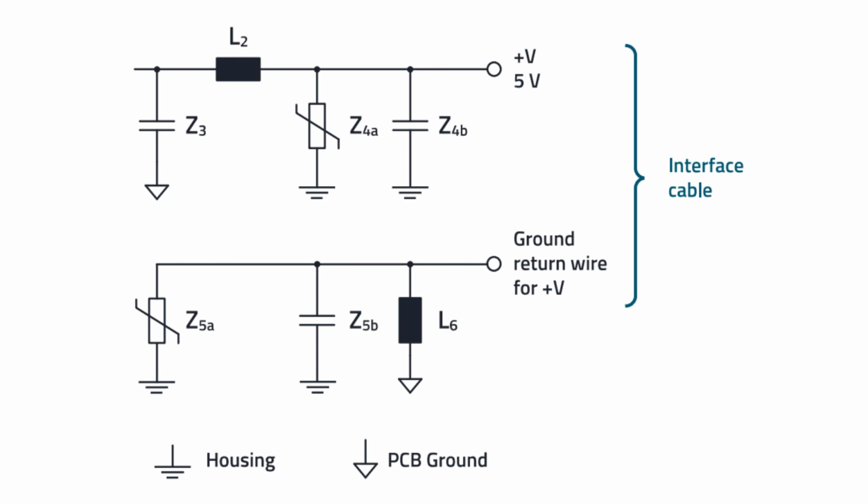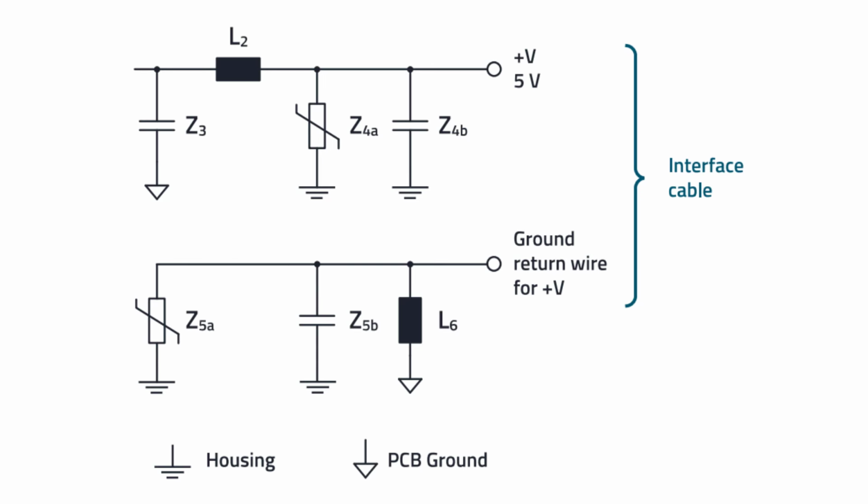To achieve the necessary capacitance for the filter, an additional capacitor of 100 nanofarad is usually used as a standard for our Z4, which should be the same capacitor as Z3 and Z5B. Varistors, which is Z5A and Z4A, should be the same component.